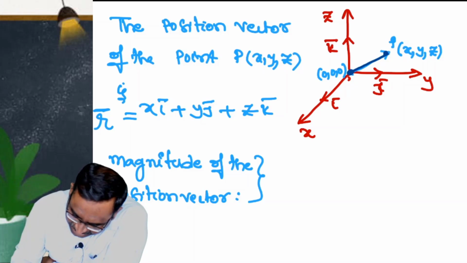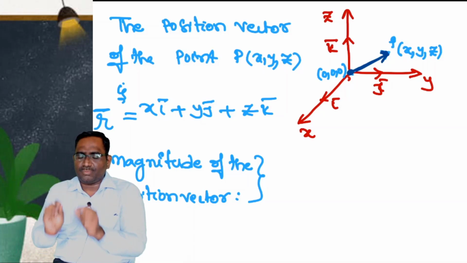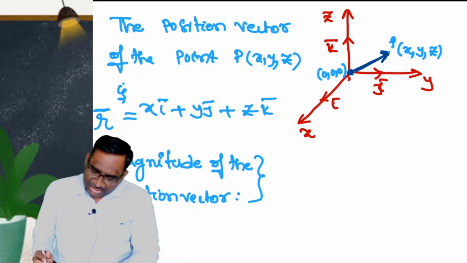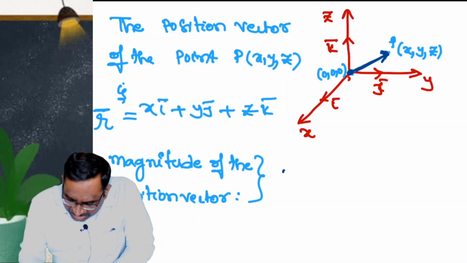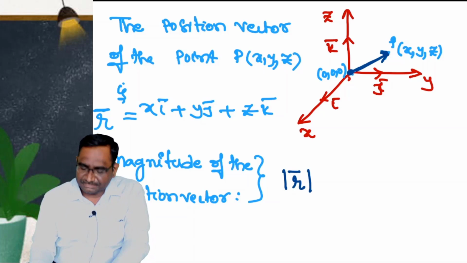It is nothing but the distance between two points. The magnitude of the position vector is denoted by modulus of r bar, which is simply written as r.